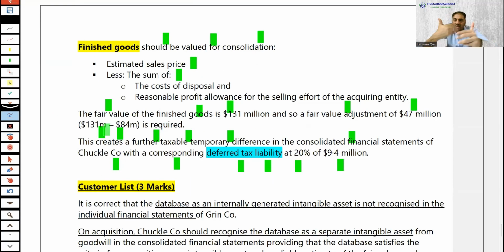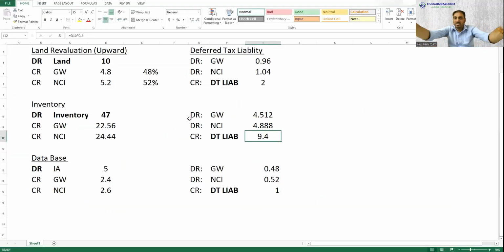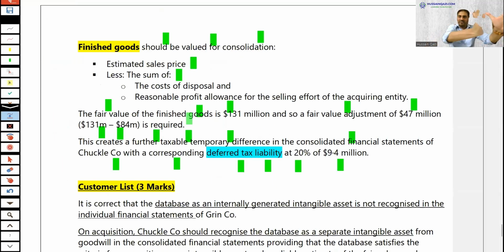So that is what you need to explain. Simple. No need to explain the impact on goodwill or NCI. It's just for your information, for your knowledge. Here, the examiner only expects the fair value adjustment and consequently the deferred tax liability. That's all.